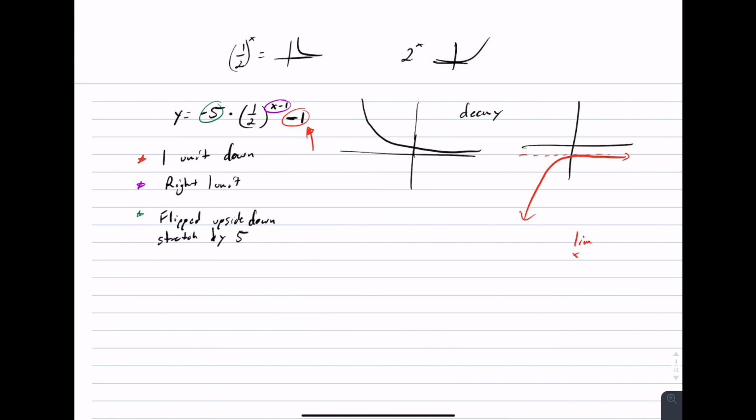So the limit as x goes to the right forever, to infinity, of f of x, that would be -1, because we shifted 1 unit down. But as we go to the left forever, to negative infinity, that does go to negative infinity because it goes down forever. This is what I want to see on every single question on the next one.